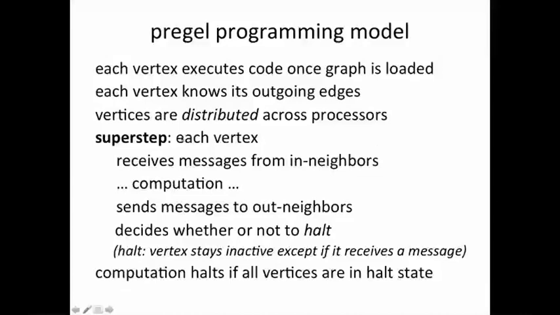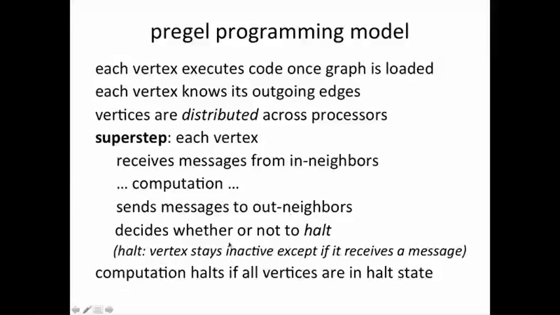Each vertex first receives messages from all its in-neighbors, whoever is sending it messages on its incoming edges. It does some computation using these messages, and then decides to send some messages to its out-neighbors possibly. After that, it decides whether or not to halt. What a halt means is that a vertex stays inactive once it's halted unless it receives a message from some other vertex in the future.